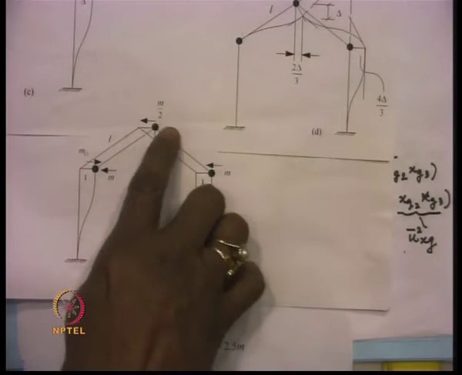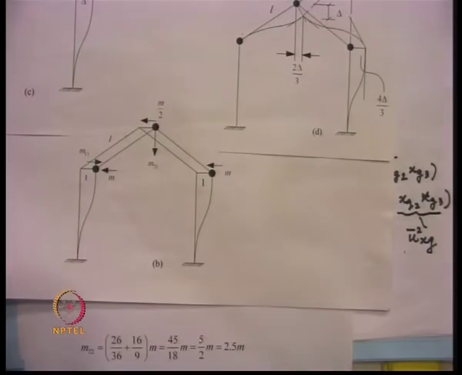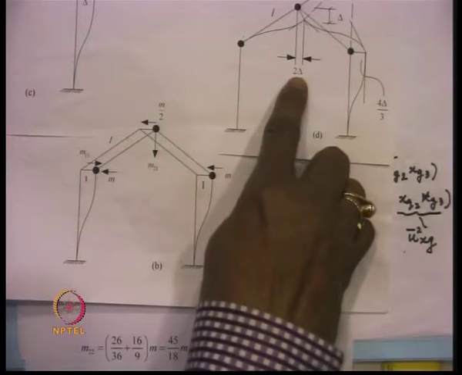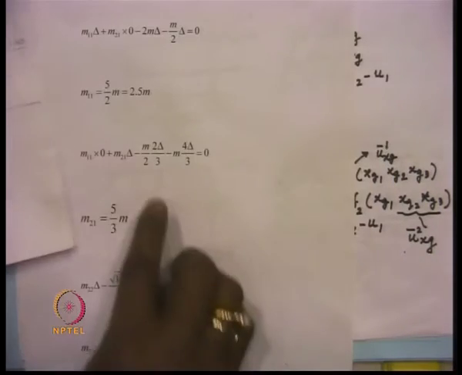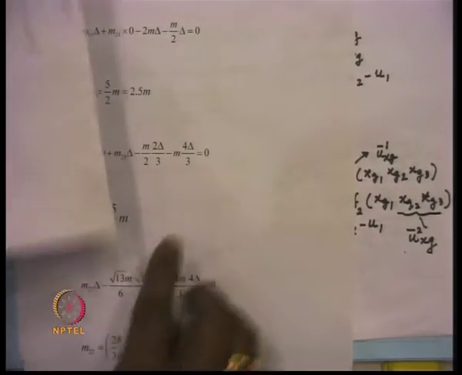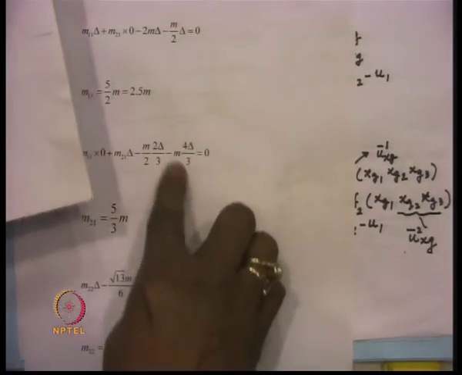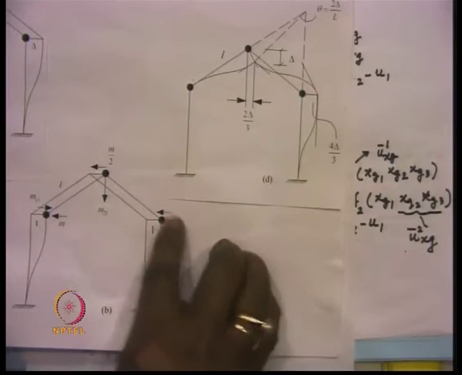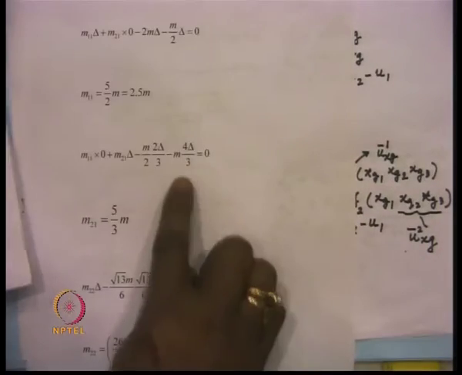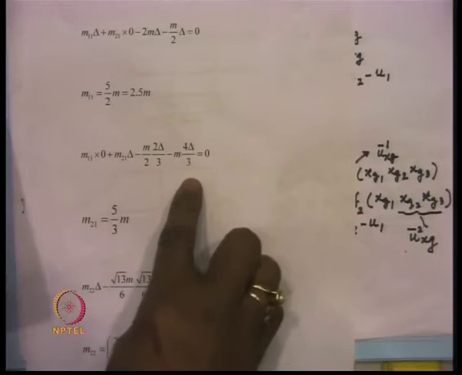The inertia force which is acting over here is equal to minus m by 2, and the displacement that takes place over here is 2 delta by 3. So, this is minus m by 2 into 2 delta by 3, and then this mass, this force undergoes a displacement of 4 delta by 3. So, we multiply minus m into 4 delta by 3.